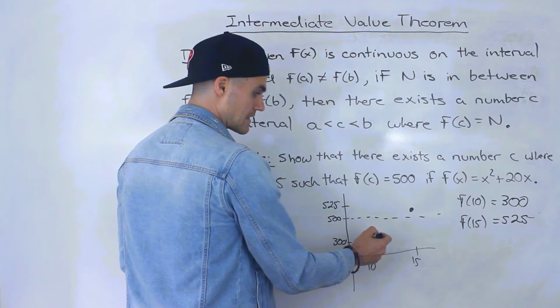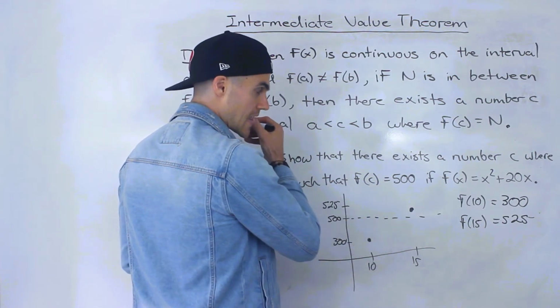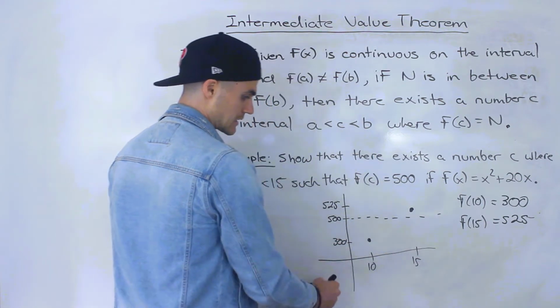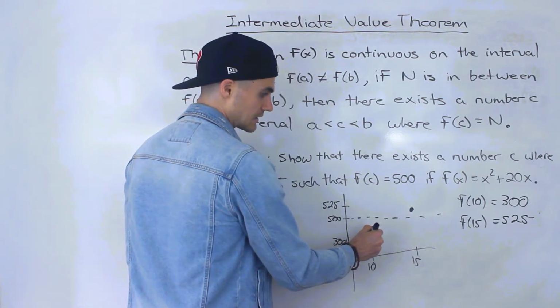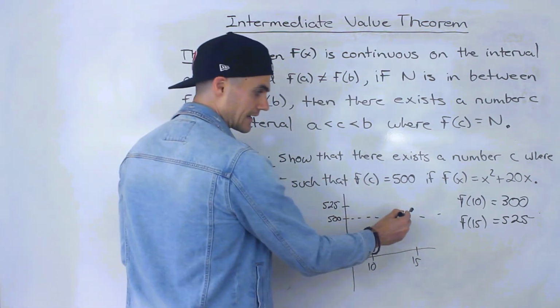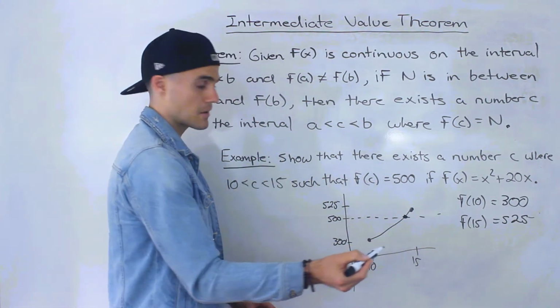And so how would this parabola look like? Yeah, it's coming from down here. But anyway, let's just say it looks like this. Notice that it has to cross that horizontal line at some point.